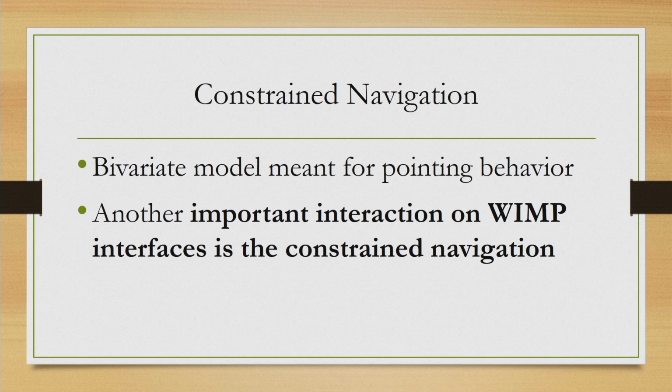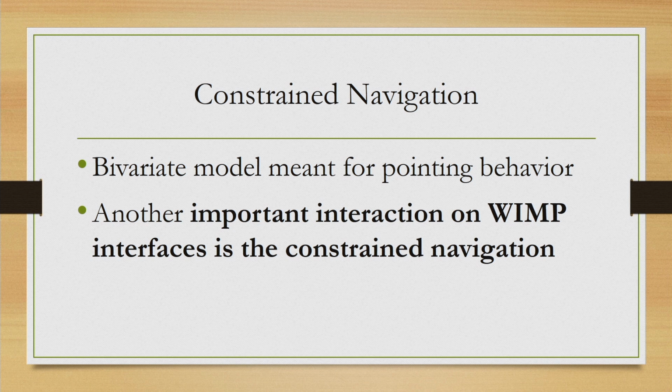Today, we are going to discuss one more model, that is called the steering law, which is used for modeling performance in constrained navigation. Now, this bivariate model or the trivariate models that we have learned in the previous lecture are used for modeling performance in pointing tasks.